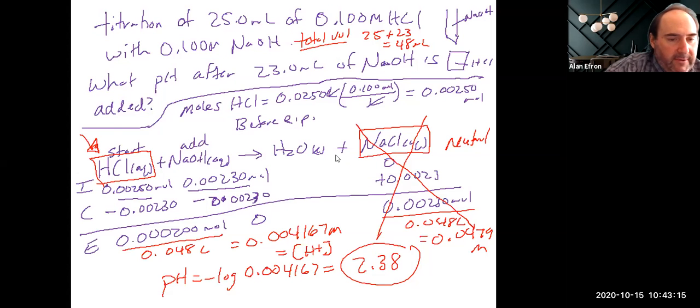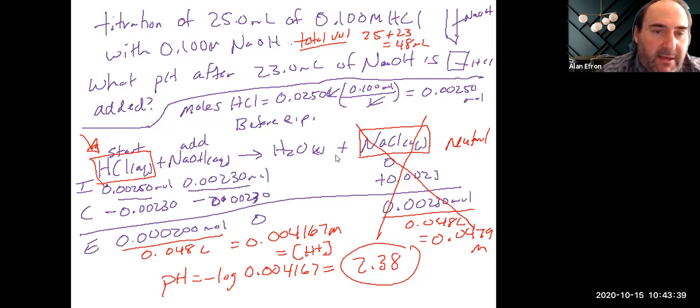So it's really important to understand where you are in the titration, because if you understand where you are, you should understand what your answer should be, and you should understand if your answer makes sense or not. And in a lot of cases, you could also understand what you should be doing before you actually do the calculation.